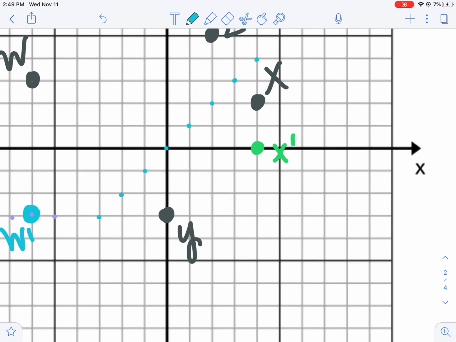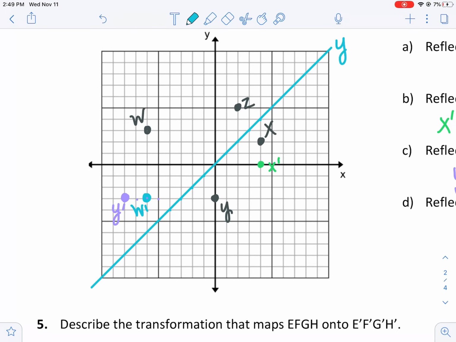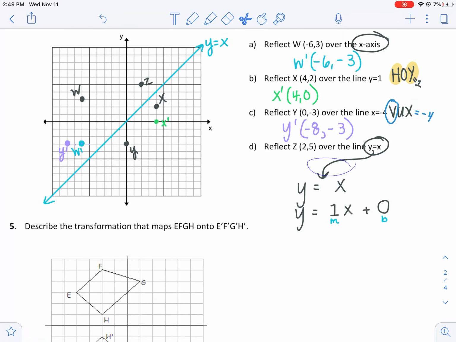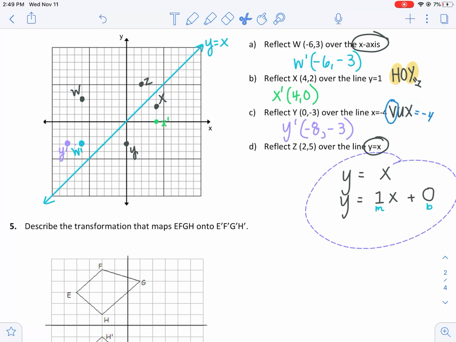And I form this diagonal line that goes straight through, corner to corner. There's y equals x. Okay? So, we're going to write a little trick for y equals x.